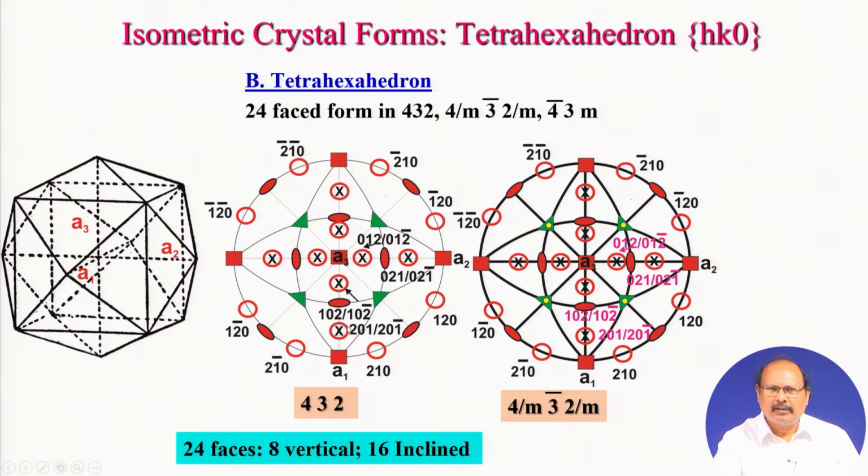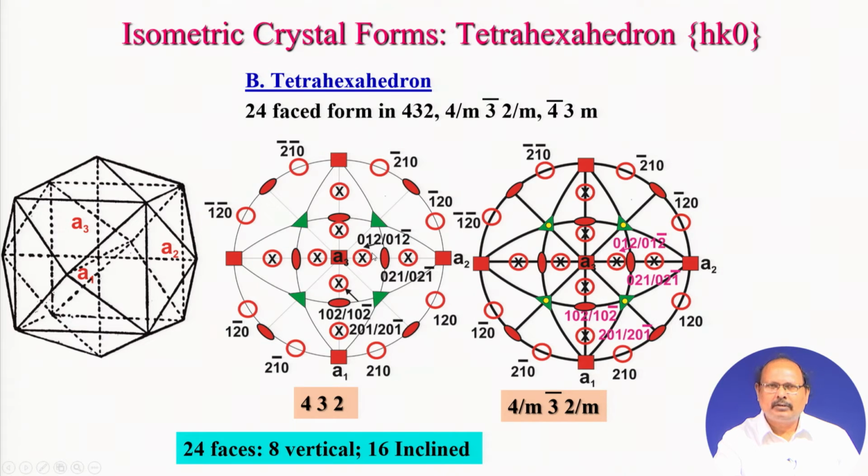So, because of this symmetry in this particular point group, this dyad will enable the generation from this 210 of another vertical face 120, and another inclined face whose nomenclature will be between 001 and 011.